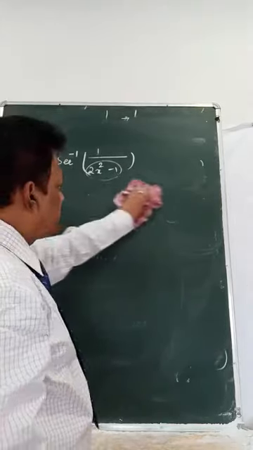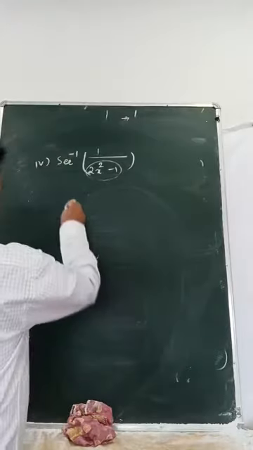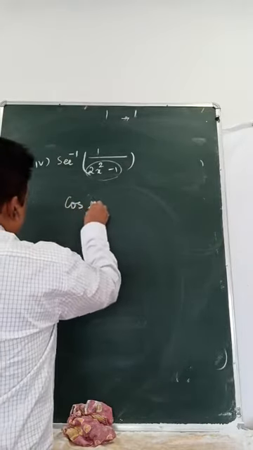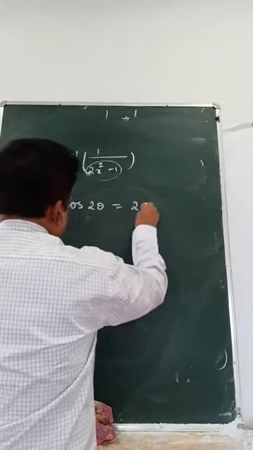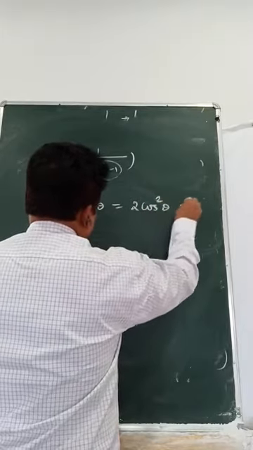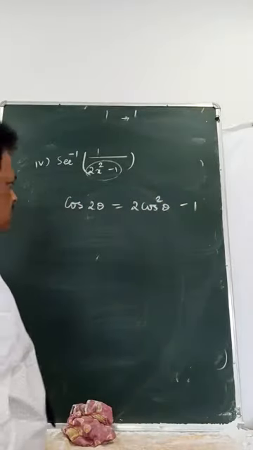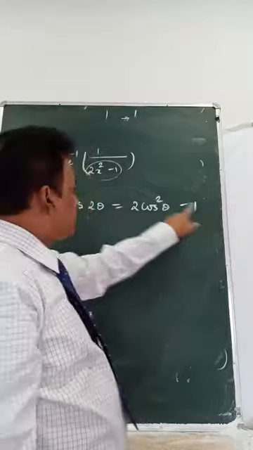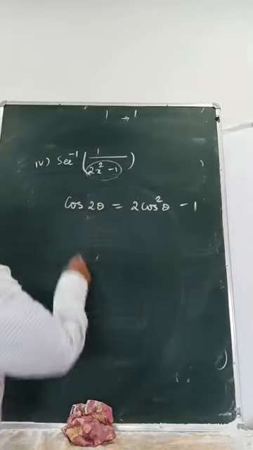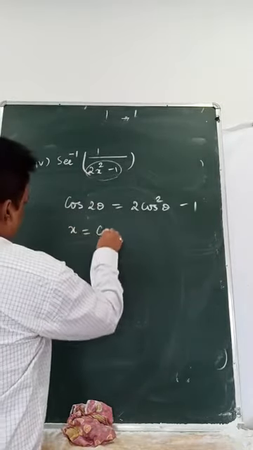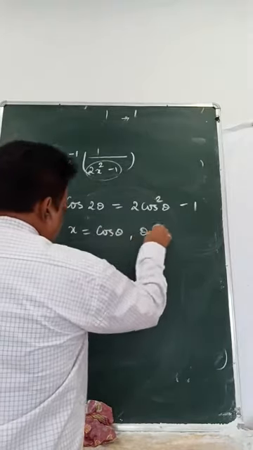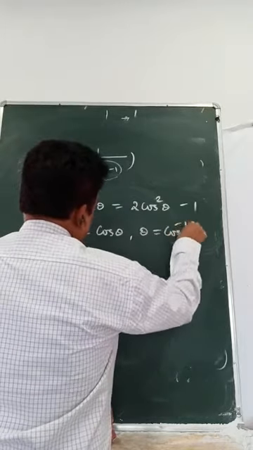To make it cos, you check the formula of cos. What is given to you? You are given cos 2 theta is 2 cos square theta minus 1. So I can write here x is equal to cos theta, theta is cos inverse x.